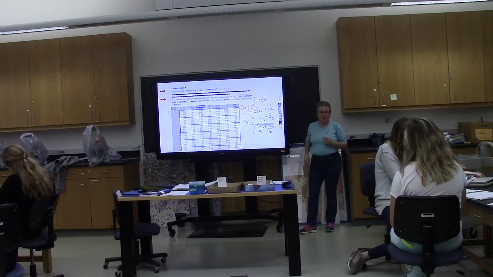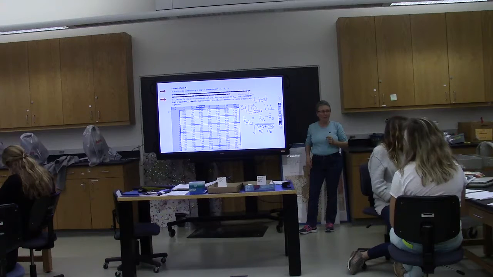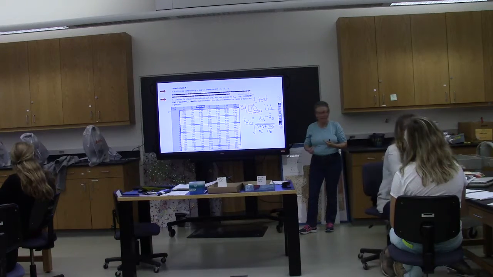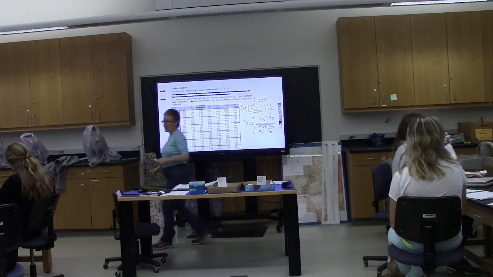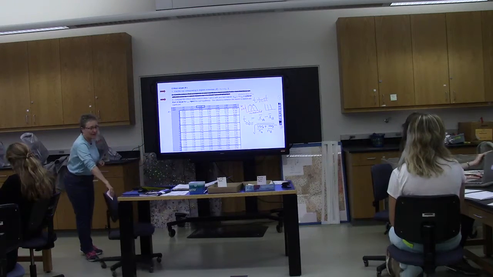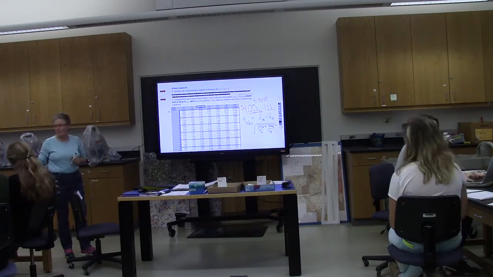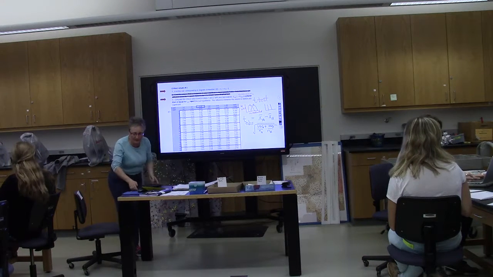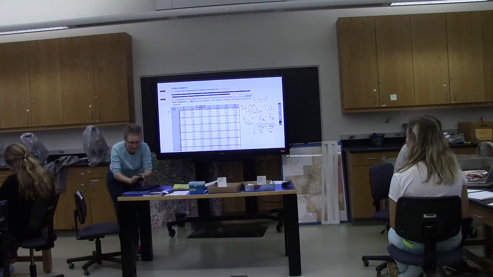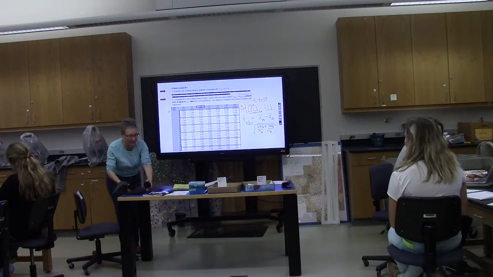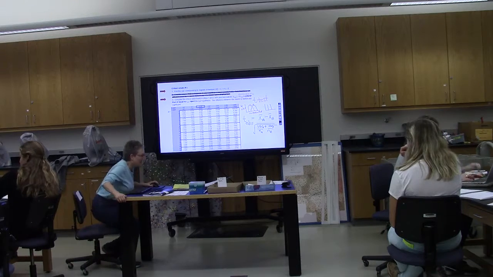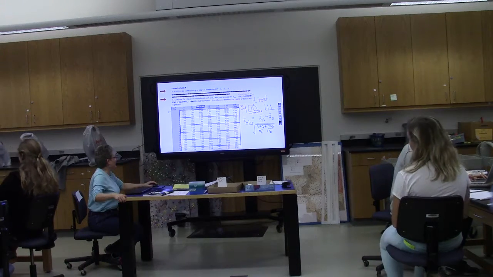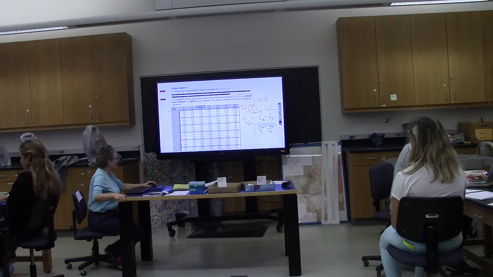Let's do some calculating with Excel and see how this can work. So what I'd like you to do is open up an Excel file. If you need a laptop, let me know, I can get you one, or if yours is not charged. Open up an Excel file, and let me give you some dummy numbers to work on.